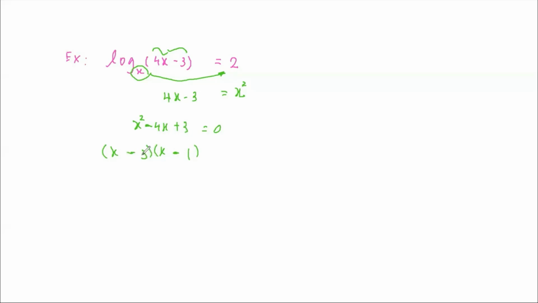And the middle term negative 3x and negative 1x, sum it up becomes negative 4x, so it works. And the first term x times x becomes x squared. Yes, so it's okay. Then we have x equal to 3 or equal to 1.